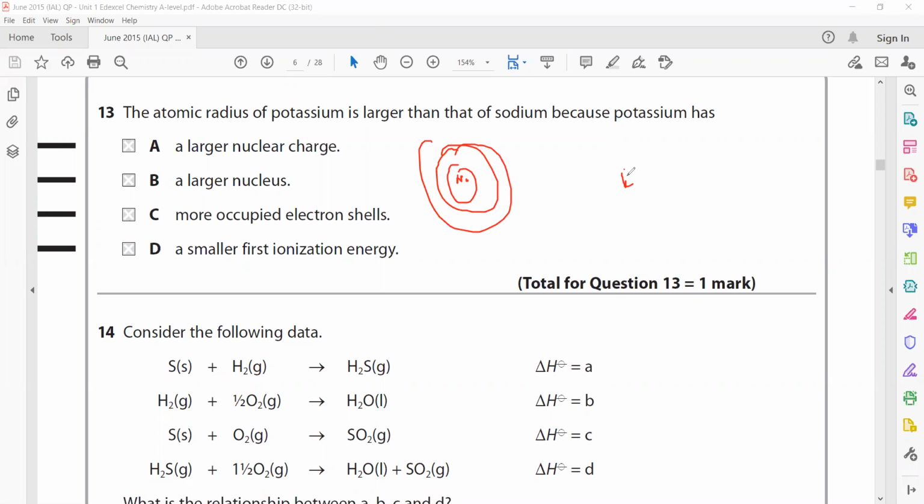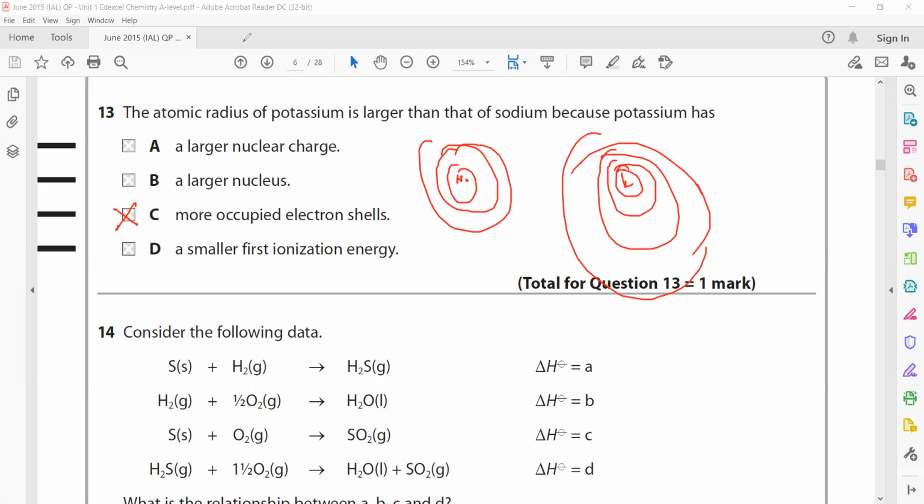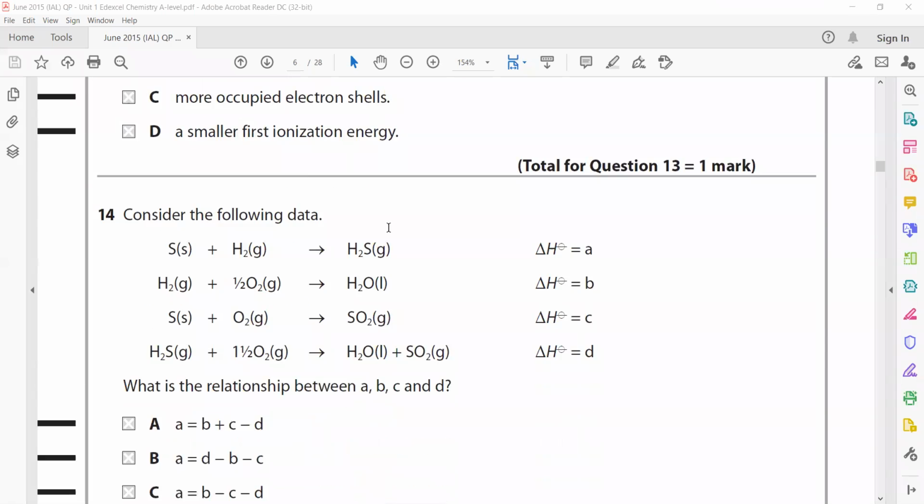For potassium: first shell 2, second shell 8, third shell 8, and the fourth shell 1. Because it has more occupied electron shells, it has a larger atomic radius.